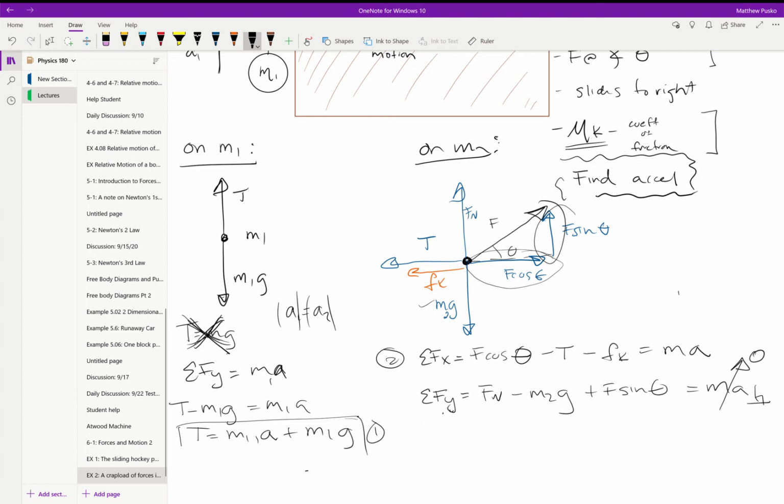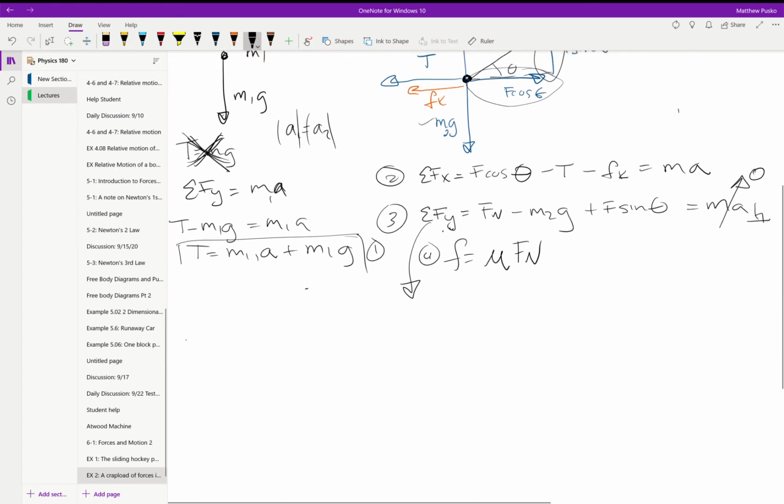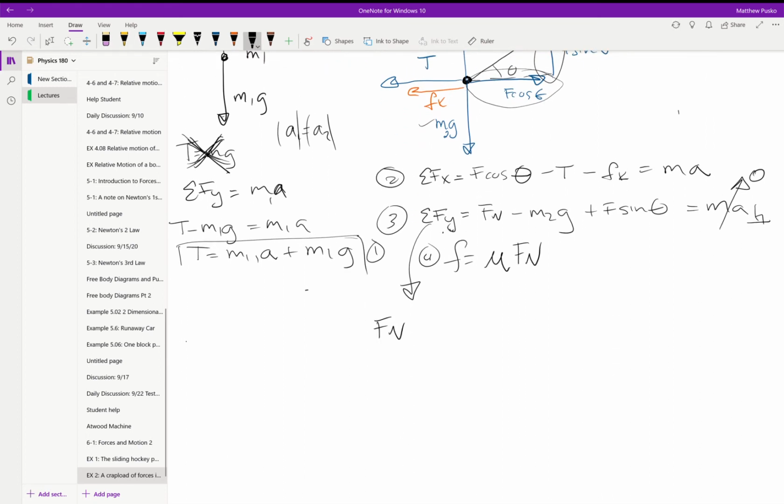But we know that the frictional force is equal to mu times the normal force. So I'm going to take what I call equation number 3, and I'm going to solve it for the normal force. It's going to be equal to a positive m2g and a minus F sine theta.